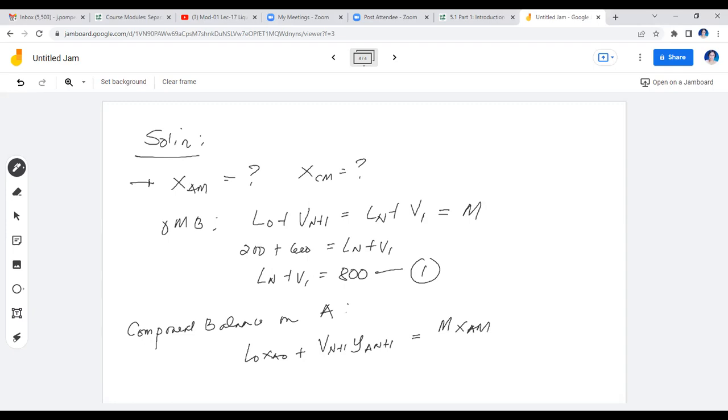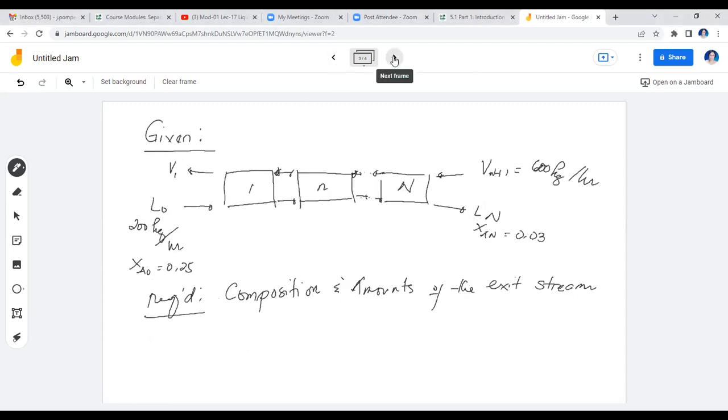If I want to know the X sub CM, then this should be X sub CO, and this should be Y sub C N plus 1, if I intend to use component C in my component balance. But in this case, we use A. Just substitute what is given in the problem. So you have 200 and you have 0.25.